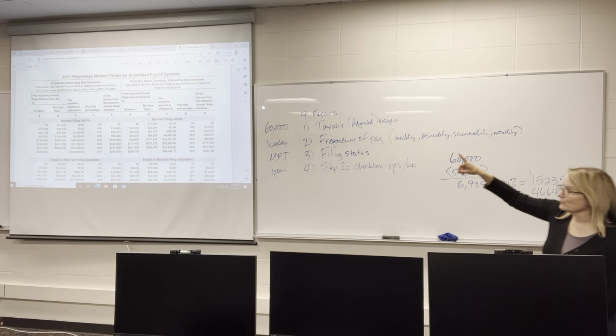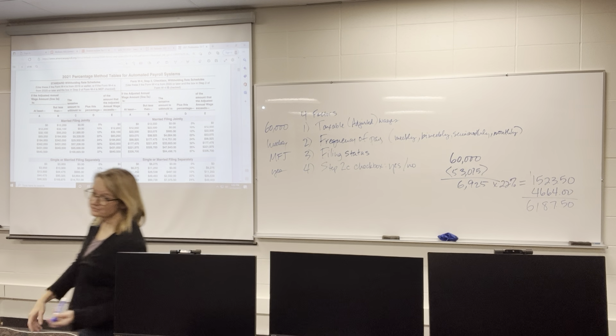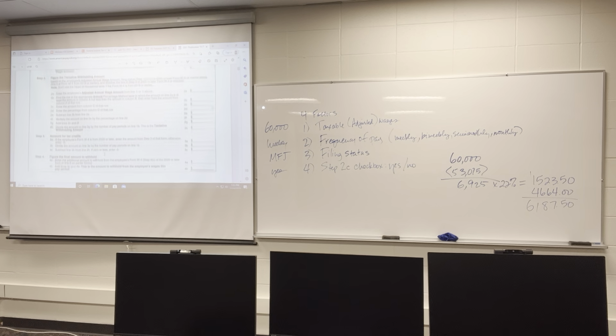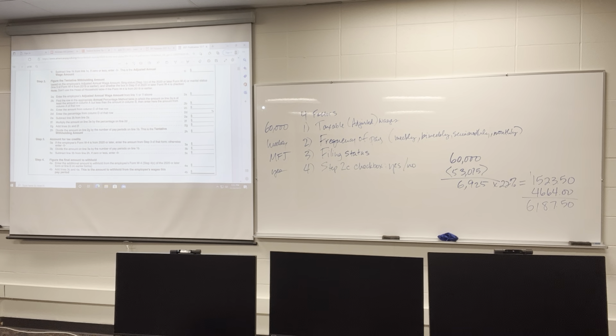So the worksheet then tells us to divide it by the number of pays. Sorry, can you see that? Yeah. I'm sorry, I'm so short. Figure the final amount, and so this is our tentative. If you go through all of these steps, you will arrive at the same number.